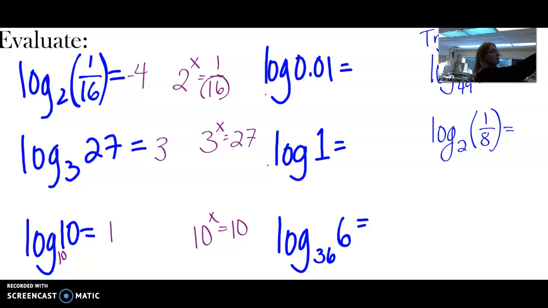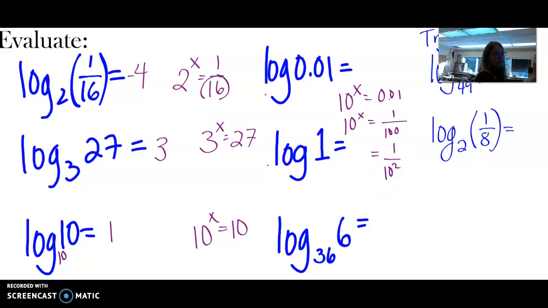Next one, log of 0.01 has base 10 again. So 10 to what power equals 0.01? Well, that is a little bit tricky, but there's a couple different ways you can think of this. 0.01 is 1/100, so you can think of it as a fraction, and 1/100 in base 10 is 1/10 squared.